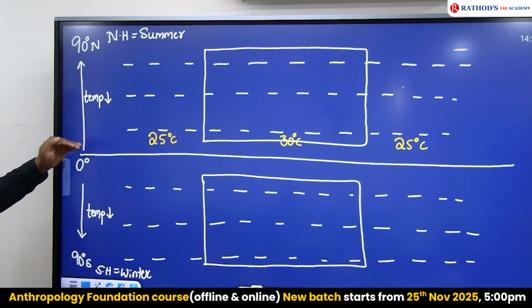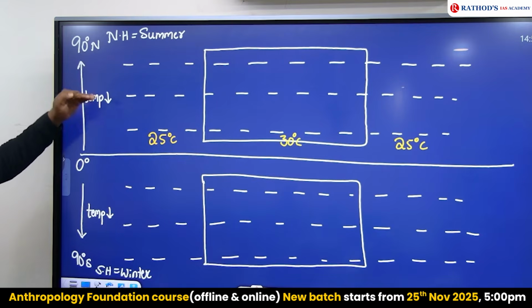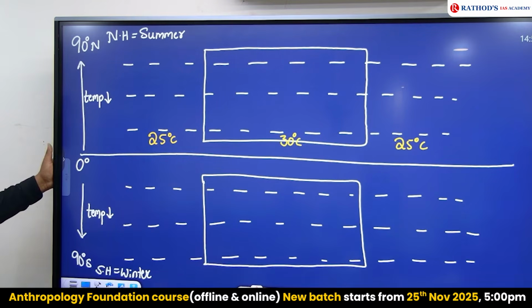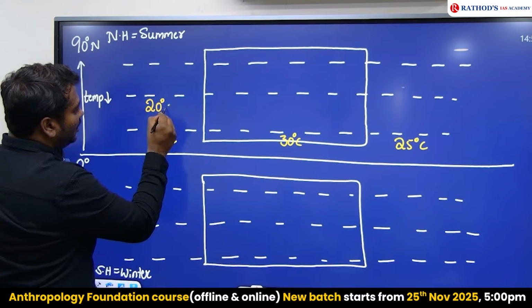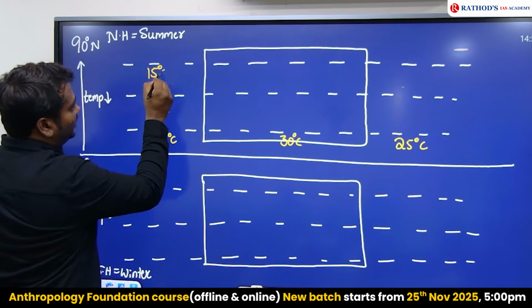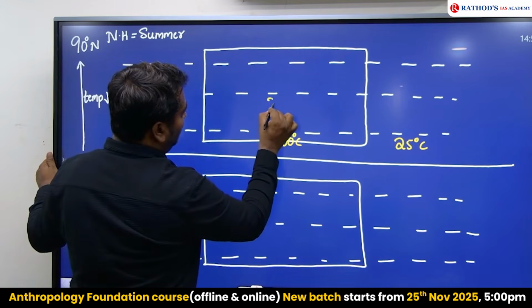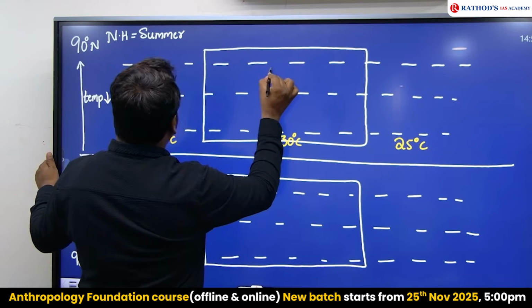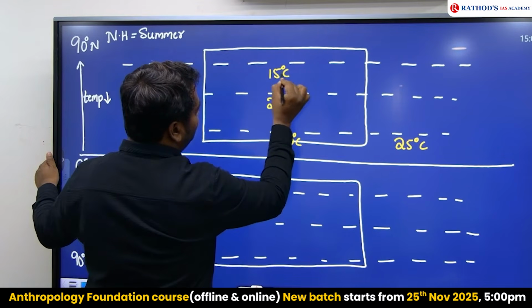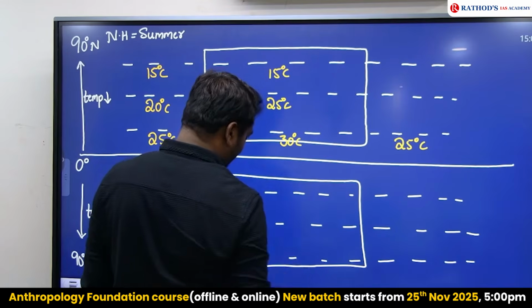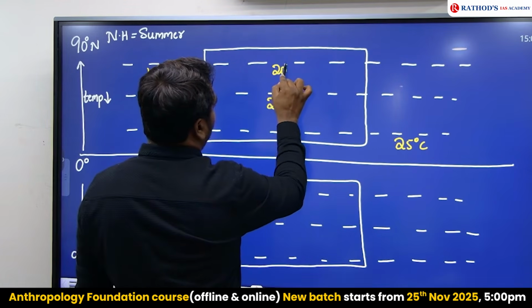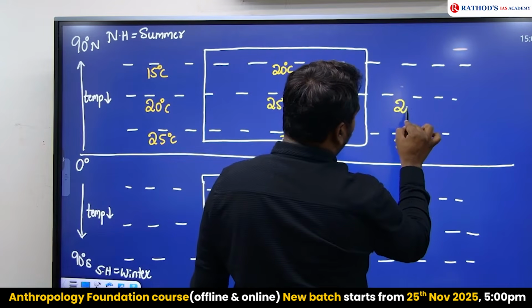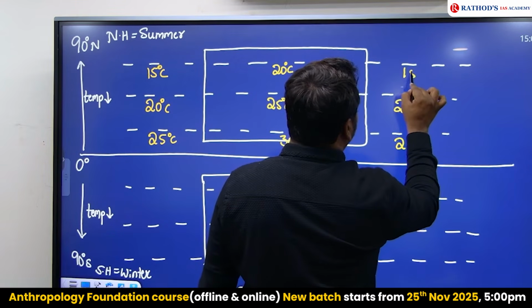Right? Now you tell me, from the equator to the poles, will temperature decrease or increase? Decreases. 25 will become 20, 20 will become 15. Here 30 will become 25, 25 will become 20, 20 will become 15.